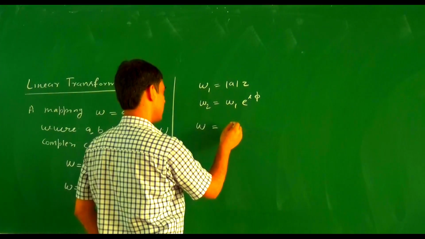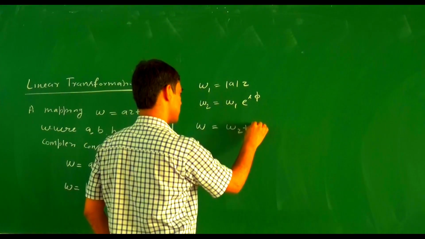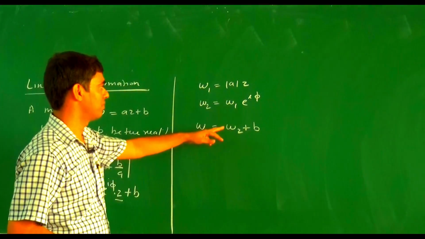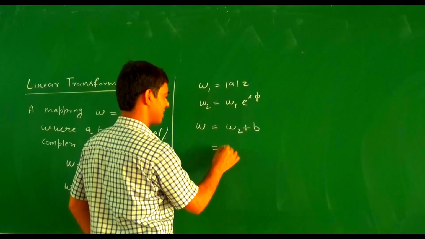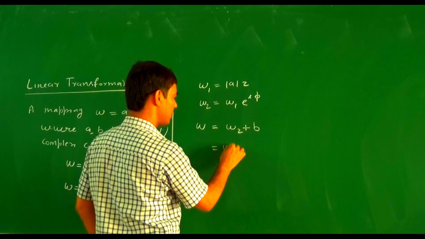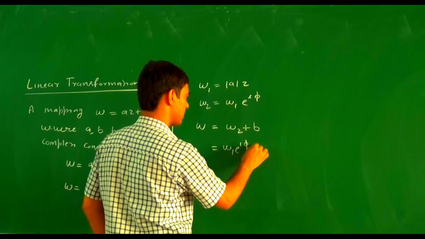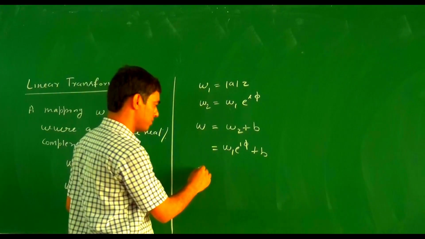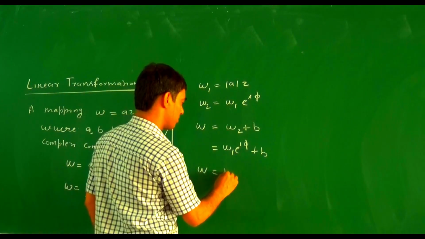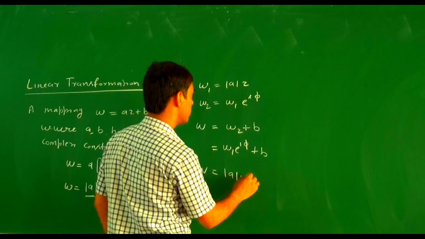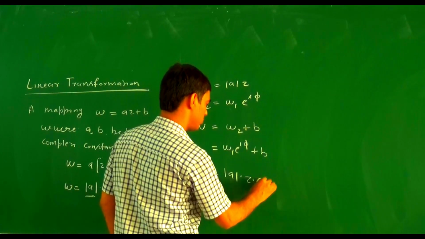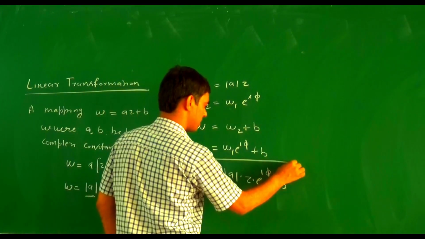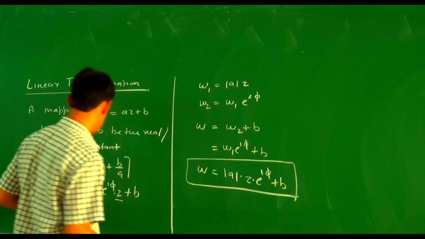W becomes W2 plus B. If you put the value of W2, which is W1 e to the power i phi plus B, and then put the value of W1 again, this becomes W equals mod of A into Z into e to the power i phi plus B. So this is similar to the earlier expression.